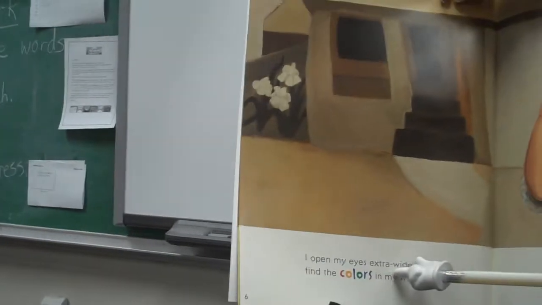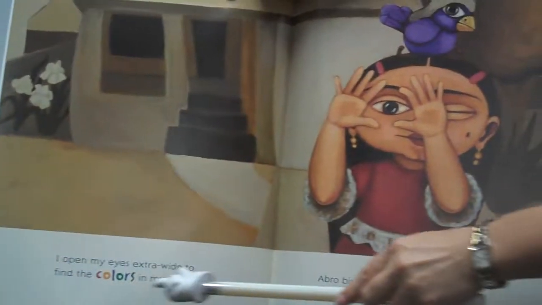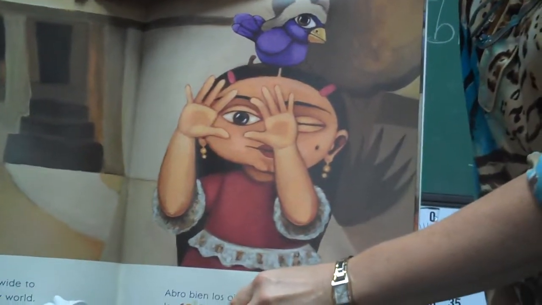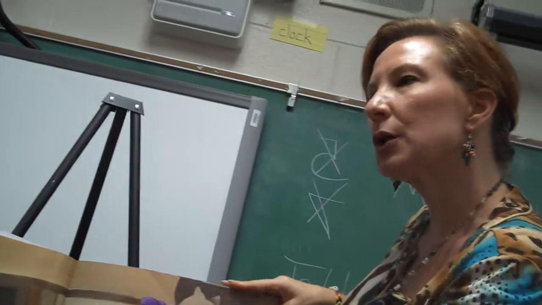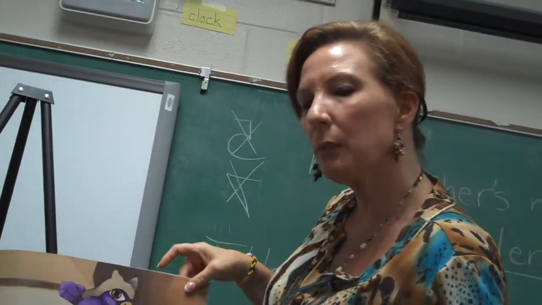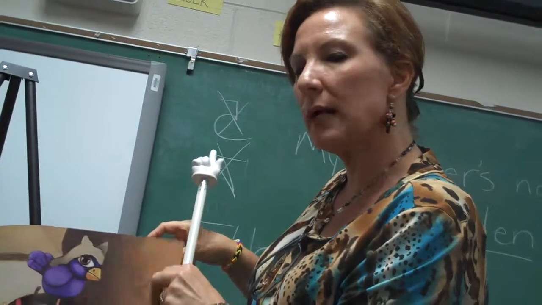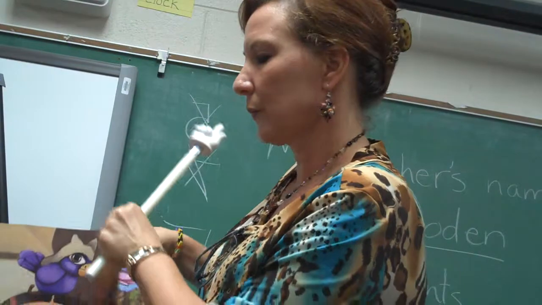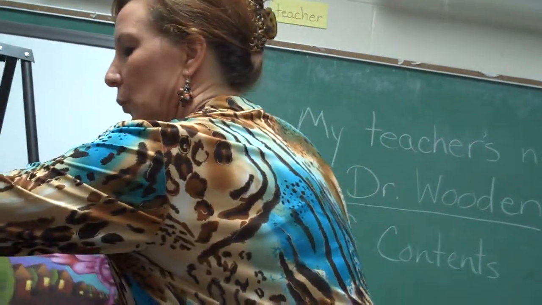I open my eyes extra wide to find the colors in my world. I wonder why colors. She has to think about colors a lot. You tell me. Later on we'll talk about it. Why do you think finding colors might be important? Ooh, look at this.